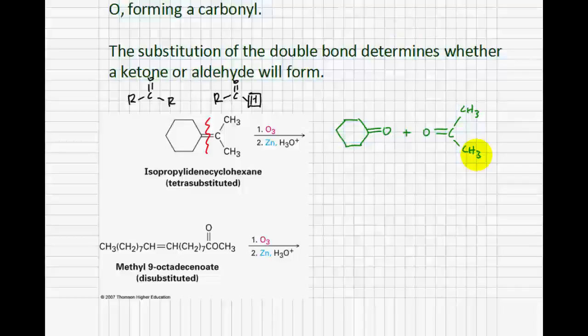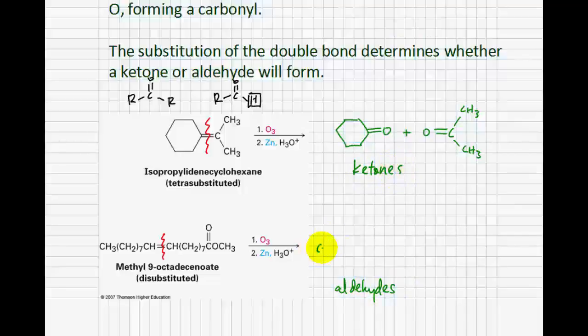So in the other case here, let's break the double bond right down the middle. This is a di-substituted double bond, so each side of it has 1 H. That means we're going to make 2 aldehydes, where we made ketones above.